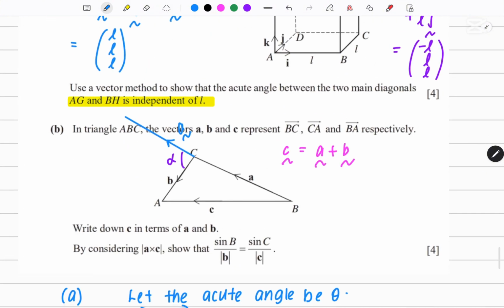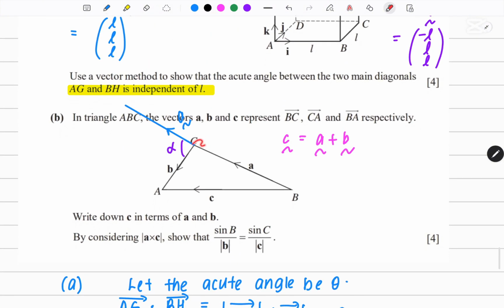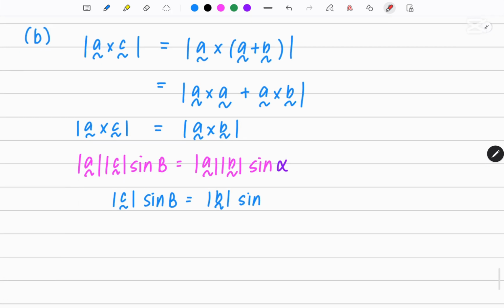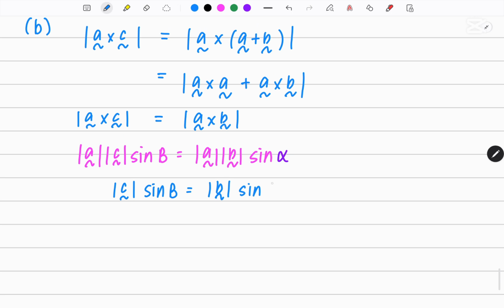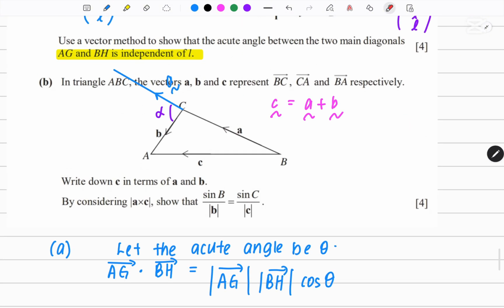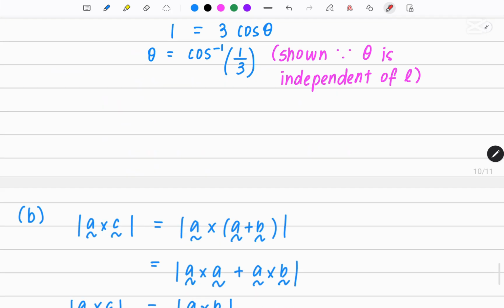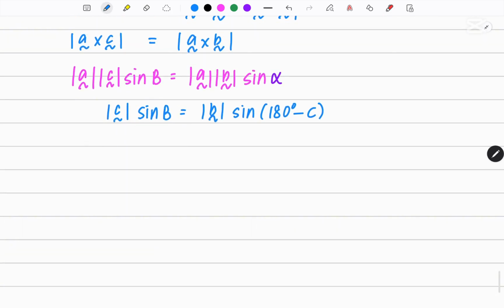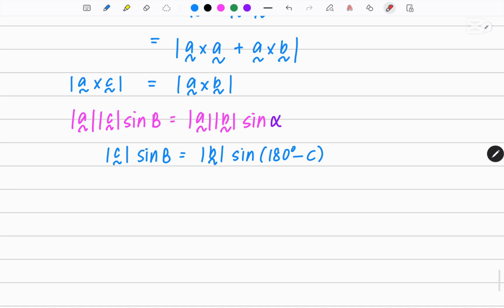How do I relate back C? Okay, what I can do is, since this is angle C, in order to find alpha, it is 180 degrees minus angle C, right? The alpha can be replaced with sine of 180 degrees minus angle C. Okay, can you all see that? Here is my angle C, so to find alpha, I take 180 minus angle C, adjacent angles on a straight line. So you have learned this in E-Math last time in secondary school.